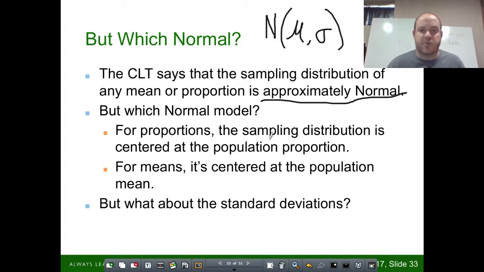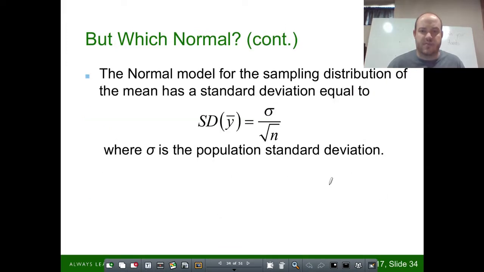But remember, if these are the two things we need to find, for proportions, the mean is centered at the population proportion. And for the questions we're looking at today, it's centered at the population mean. So what about the standard deviation? Well, we have a formula.